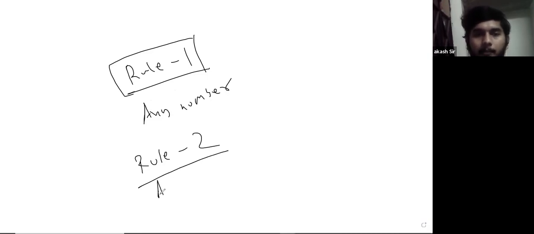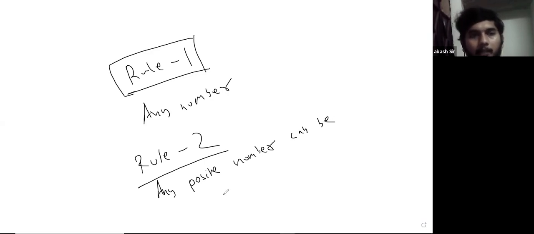Any positive number can be multiplied or divided in inequations without changing its sign. Please focus on positive. Okay.